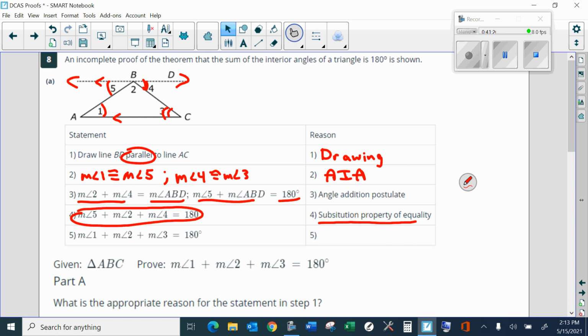And now you have measure angle 1 plus 2 plus 3 as 180, because remember you already have that these are congruent, and you can use substitution property again. Okay, because now you're substituting in 1 for 5 and 3 for 4.